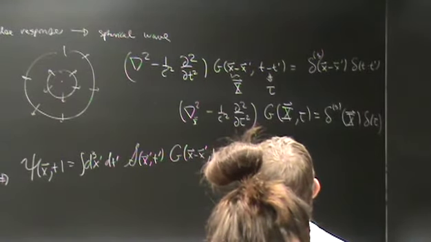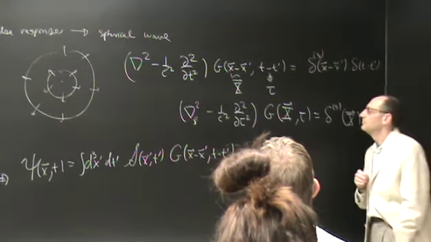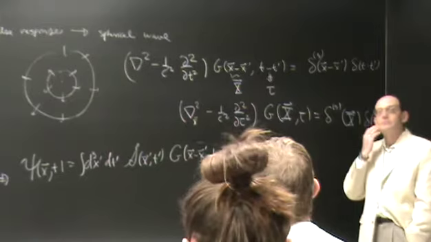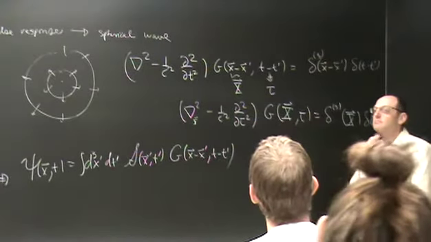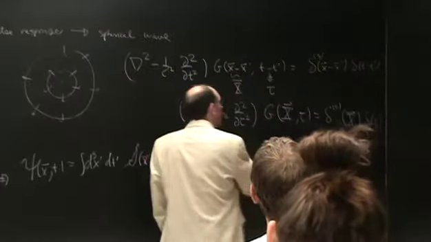So, how do we solve for the Green's function? Take the Fourier transform. Thank you. So we just take the Fourier transform.